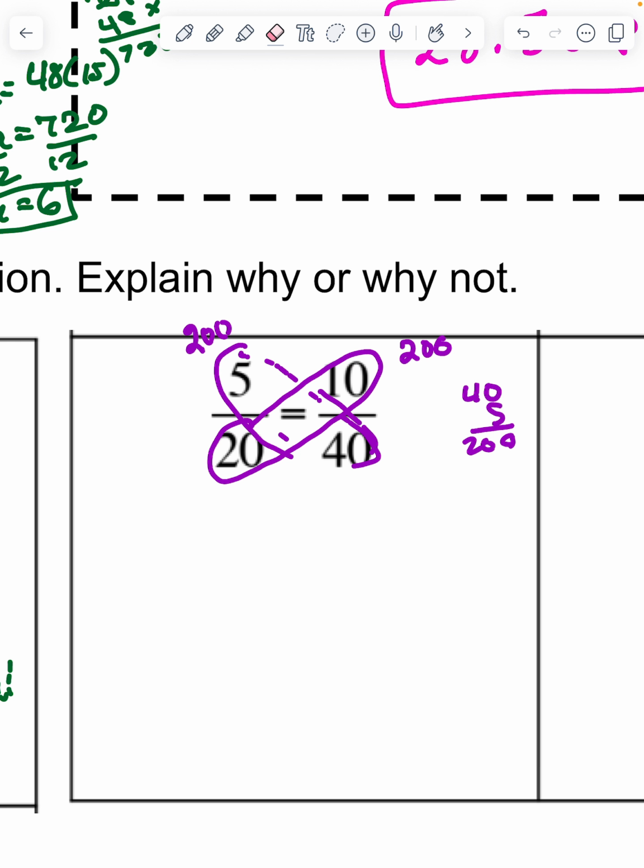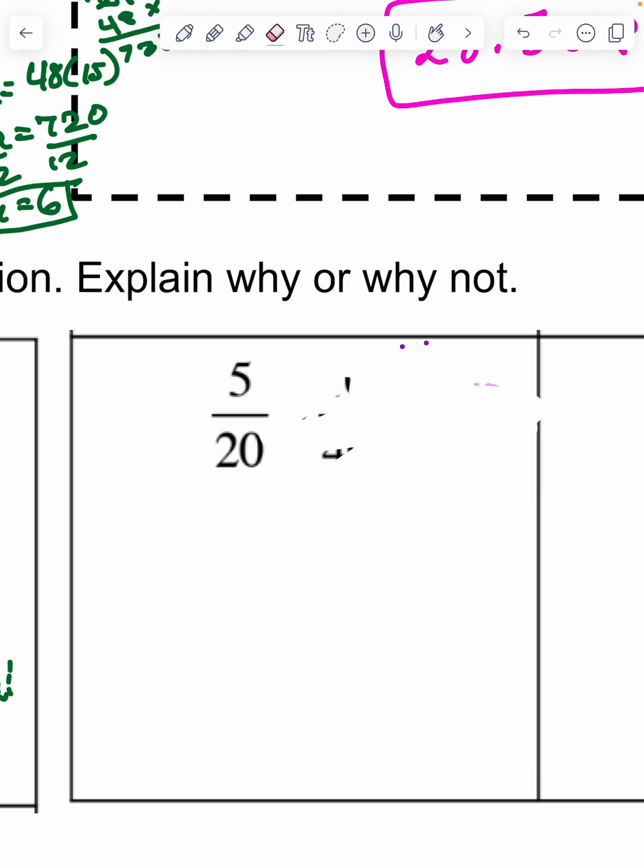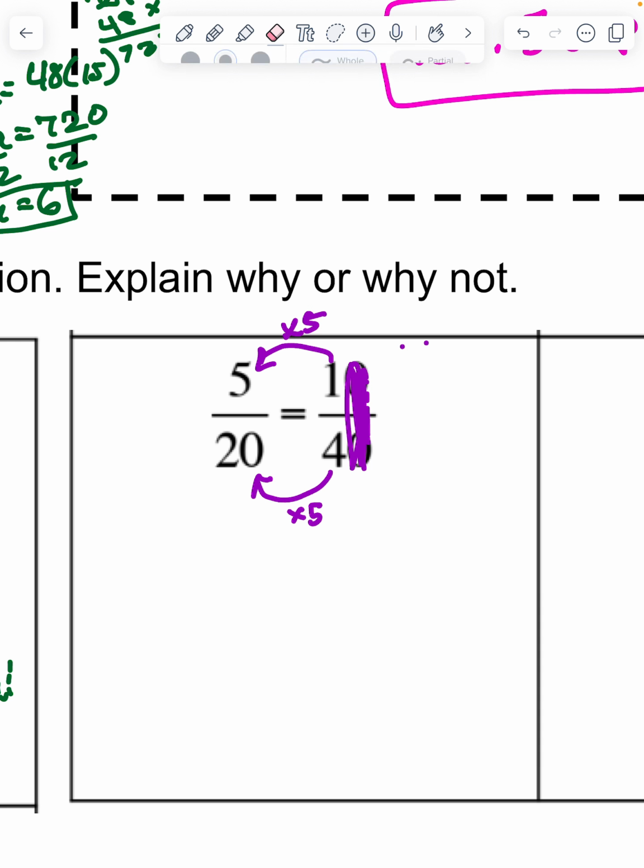Let me do it a different way. What I see is I can scratch out these zeros. So I have 1/4 because I divided them both by 10. I go from here to here times 5. I go from here to here times 5. Those are both true statements. It's proportional.